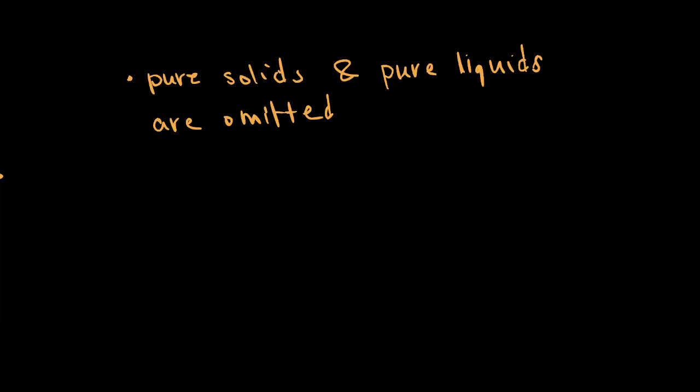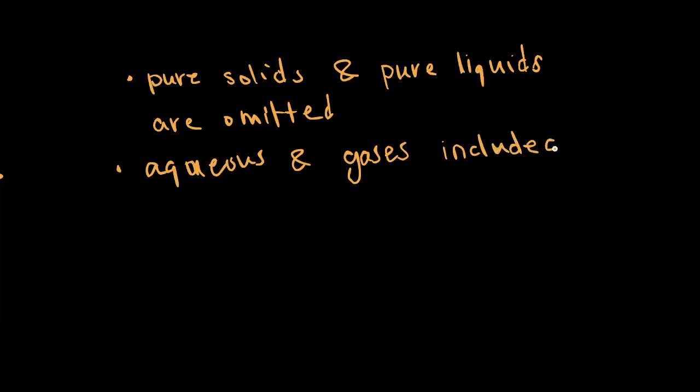So only the aqueous and the gases are going to be included. And so this is a very important thing and a common source of error. So make sure that you are not including solids or liquids when you are writing your equilibrium constant expression.